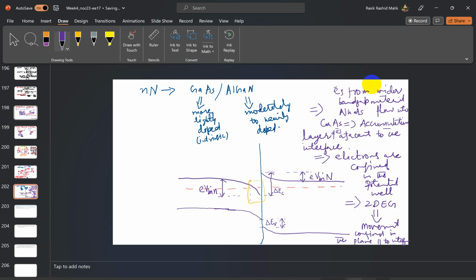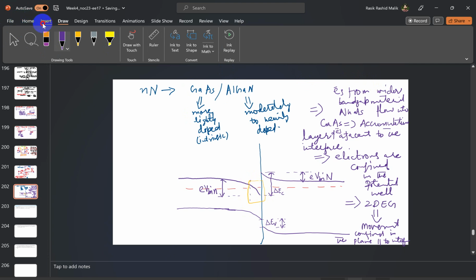Okay, so this happens at the interface for these types of junctions. And if I draw the potential diagram at the interface, we can approximate it by a triangular potential well.